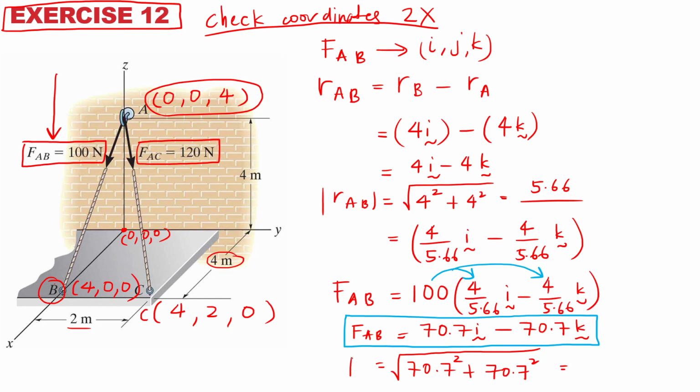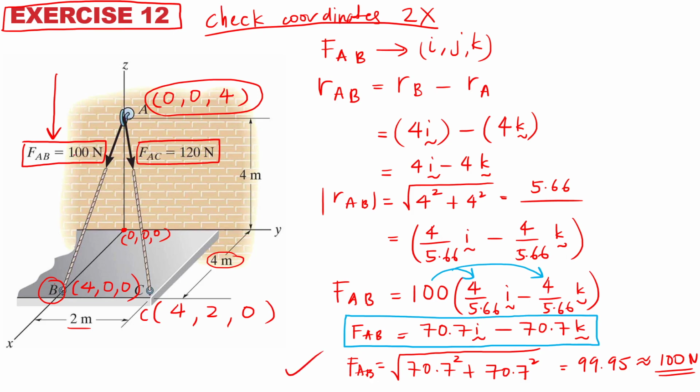Do we get the original magnitude back? Squared times 2, square root. Yeah, you get 99.95, which is equivalent to the original 100 Newton. So you are correct.